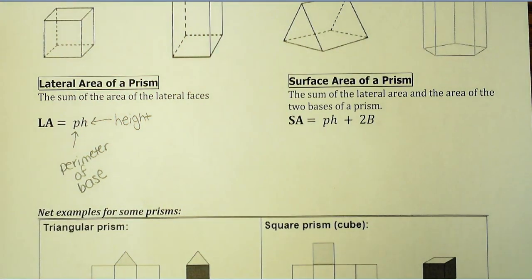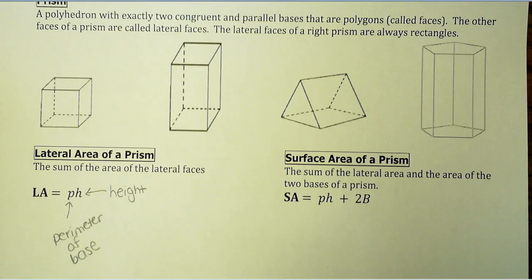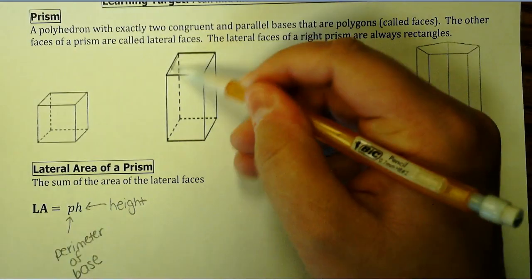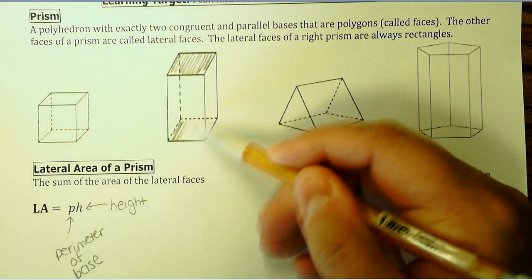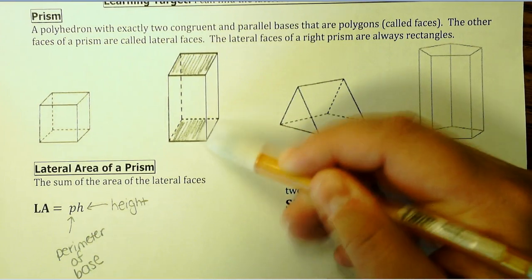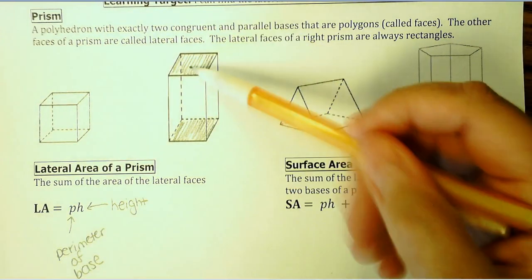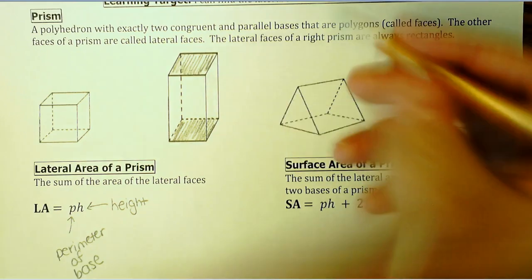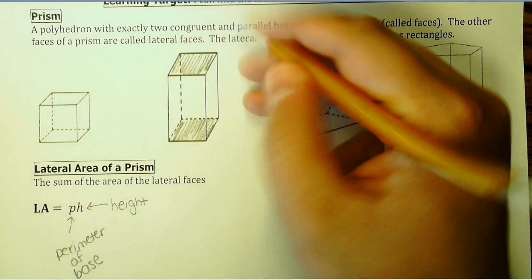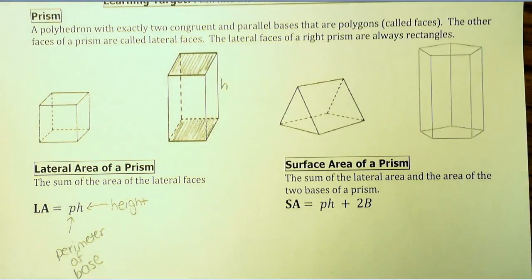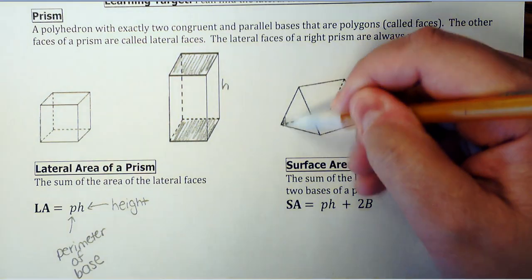So, let me give you a couple examples. Let me pull back up here. Remember, if I give you a rectangular prism, I have to tell you which sides to use as the base. So let's say we're going to use the top and the bottom as the base. The perimeter of the base would just be around here, and then the height of the prism is the distance between the two bases. Now, let's say it was laid a different way.